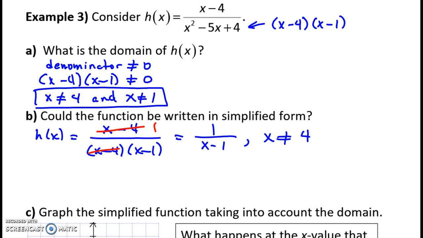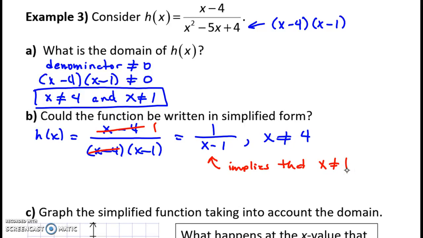You might notice that h of x is also not defined when x is equal to 1. The reason that we don't have to state this is because x minus 1 is already in the denominator of the simplified version of the function, so that implies that x cannot equal 1.